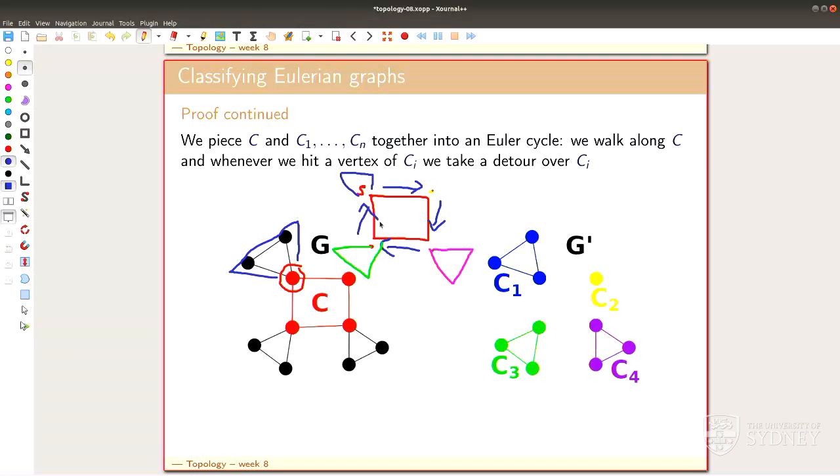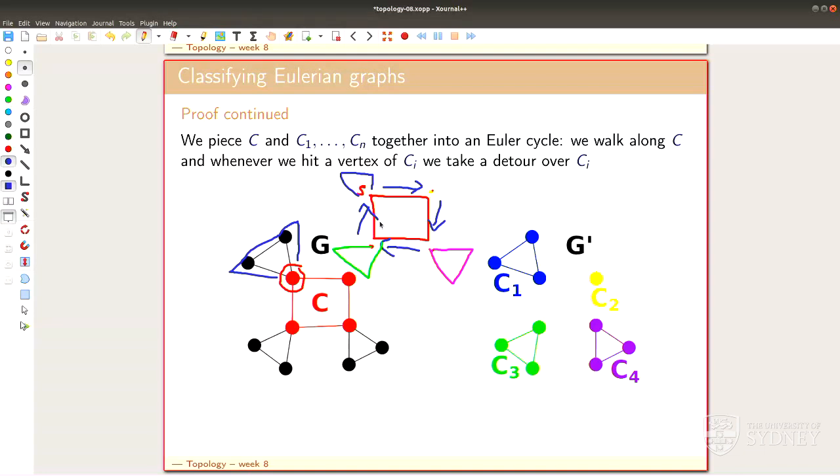That makes some sense. So all I'm doing is I have an inductive argument, and I find some cycle by knowing that my graph is not a tree, remove it, I get a graph with the same property, and piece everything together into an Eulerian path. This direction, I admit, is a bit trickier than the other one, and it took Euler way longer to come up with this idea.